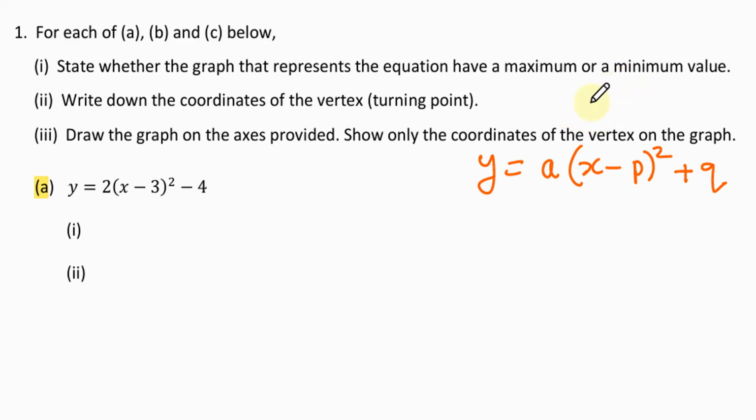How do we do that? We look at the value of a. In this case, a is equal to 2. Now, we can see that a is positive. So when a is positive, we know that the graph smiles like a positive person, and we have a minimum value. So then the answer to the first question here, the graph will have a minimum value.